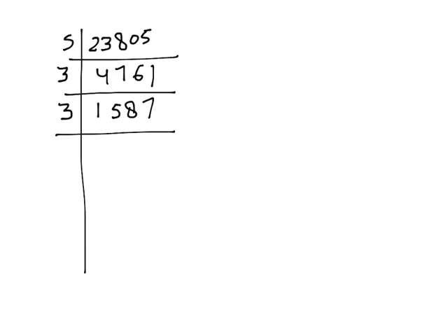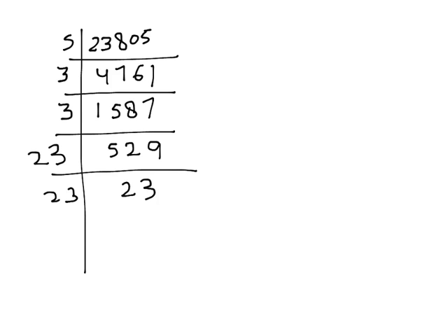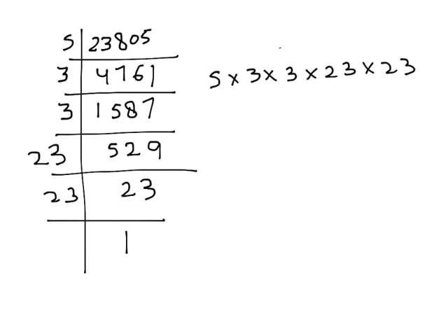Again this number is divisible by 3. We get 529. And this number is divisible by 23, and we get 23 over here. So we get the factors 5, 3, 3, 23 and 23.